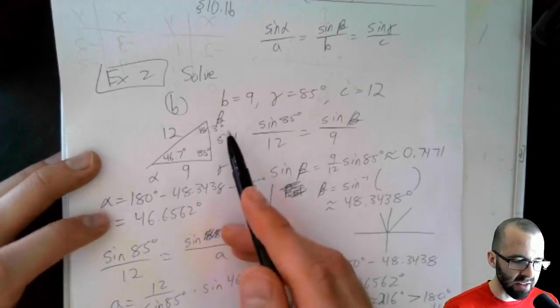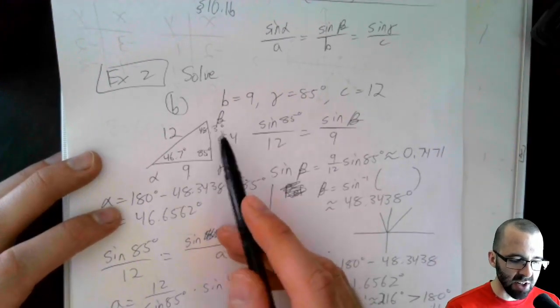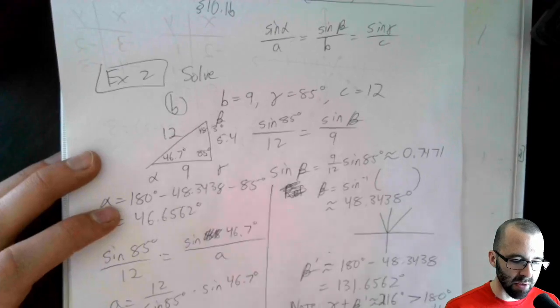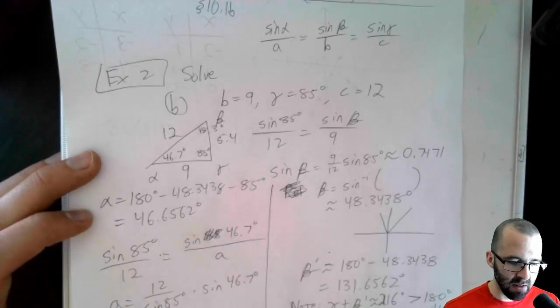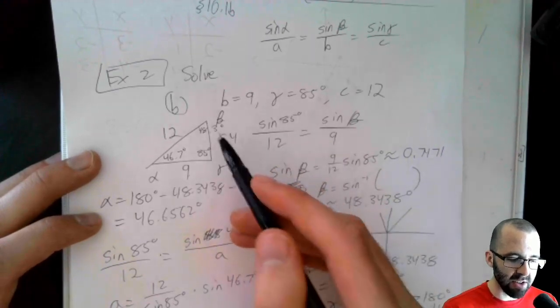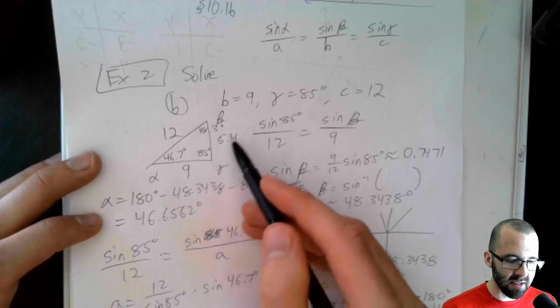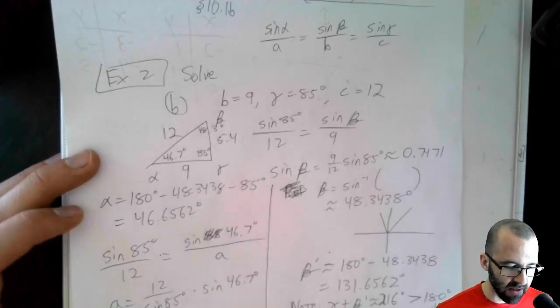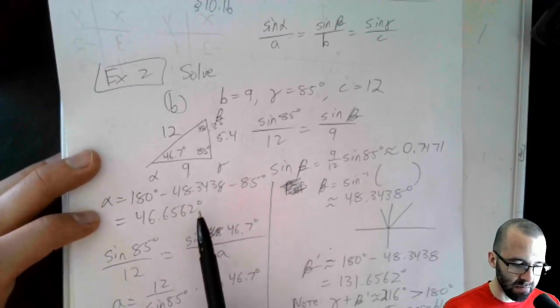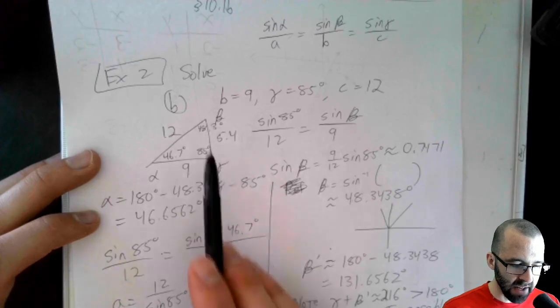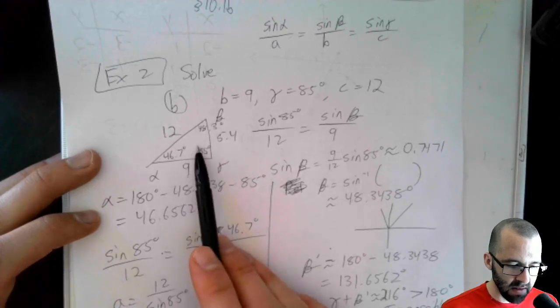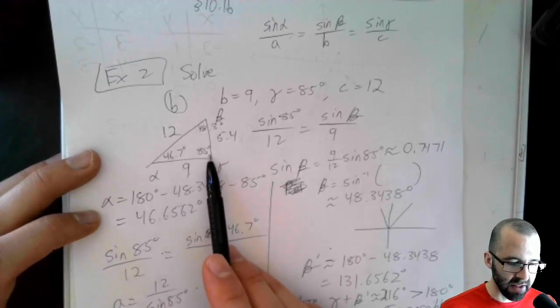This, I don't know. Gut check though. These angles are pretty similar. 48.3 and 46.7. I am a little nervous. Did I make a mistake? Doing my gut check, right? These should be similar angles and these should be similar sides, but 5.4 and 9 are pretty different. The angles do indeed add up to 180 degrees, so the angles look pretty good.